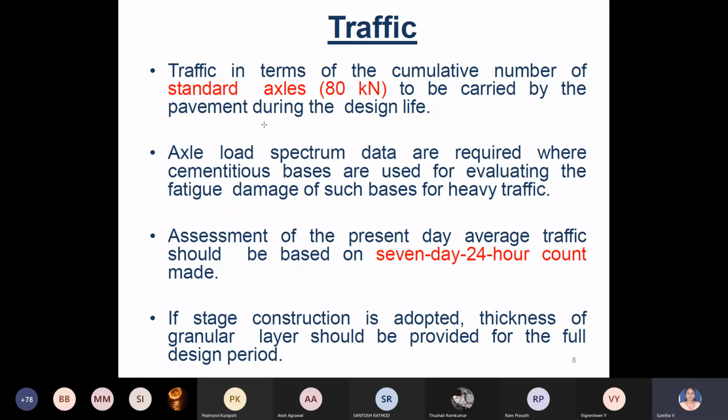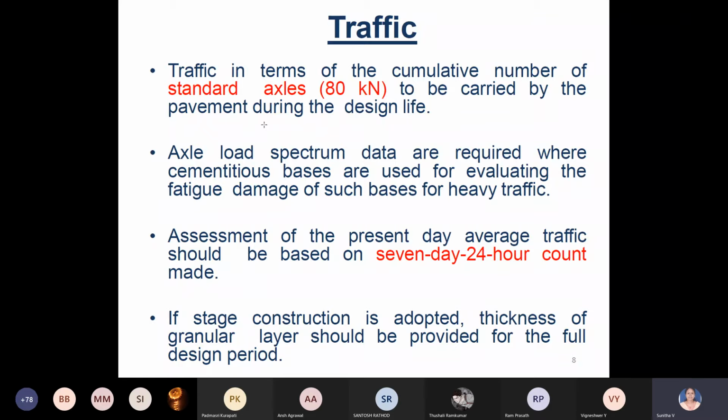Stage construction means, as an example, in a particular road only 2000 vehicles are there now. I told you it should be designed for the future. You're expecting 5000 vehicles in future, but now only 2000 vehicles are there, and the current fund you have is very less. So for flexible pavement, what you can do is design only the top layer for 2000.